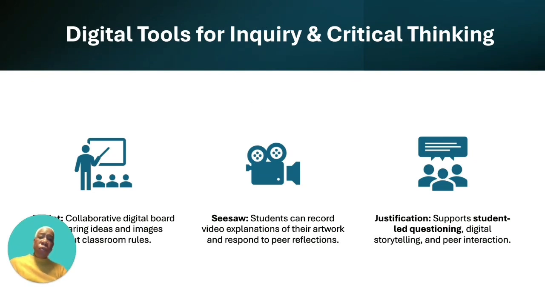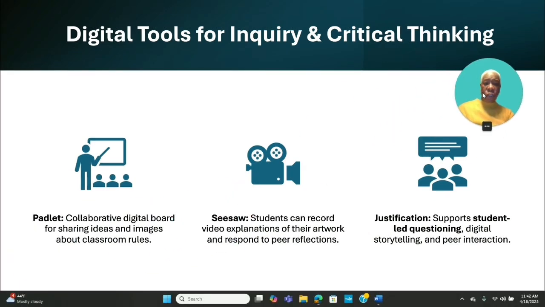Incorporating digital tools for inquiry and critical thinking is crucial for educators. Just standing there talking to the classroom in a lecture way is very boring, not very engaging. But when you introduce tools like Padlet, Seesaw, Kahoot, Lumio, these are interactive tools that you can use.